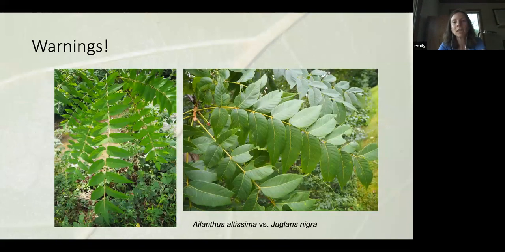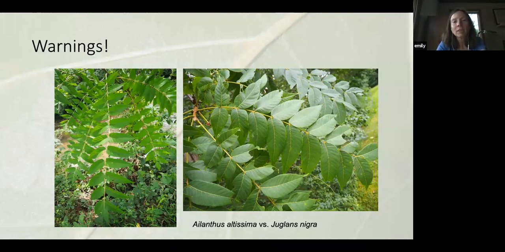Your second one is the walnut on the right here, which is Juglans nigra, the black walnut. On the left, we have Ailanthus altissima. That is an invasive, and I don't even know if I know the common name. Princess tree? No, that's Paulownia. Someone will tell me in the chat.